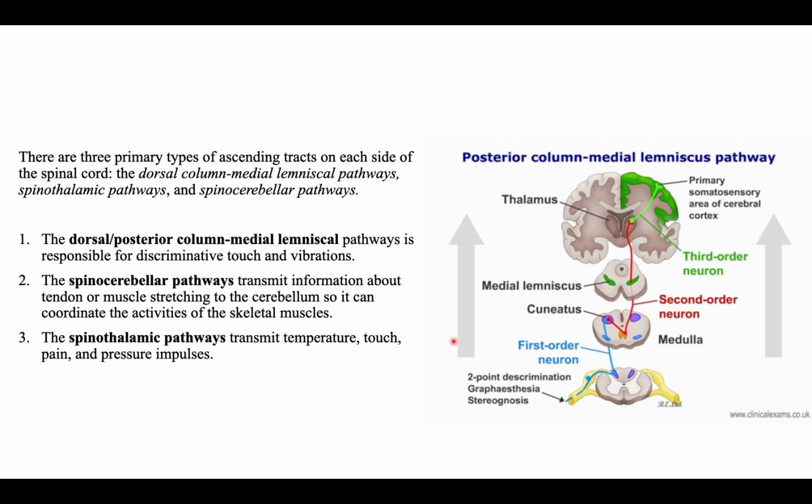Now for that one, we can use this simple diagram to describe it. So the dorsal or posterior column medial lemniscal pathway, you have the first order neuron going through the spinal cord as an afferent fiber. Obviously, its cell body will be in the dorsal root ganglion.